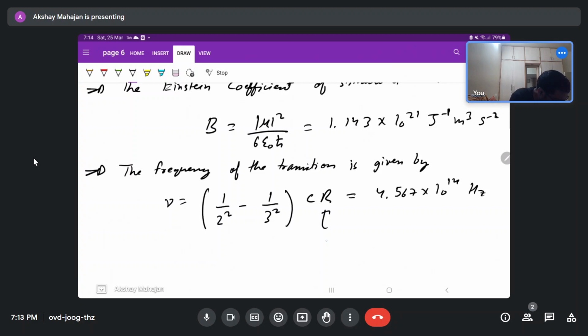That is just from the hydrogen atom energy formula, so that you can check.